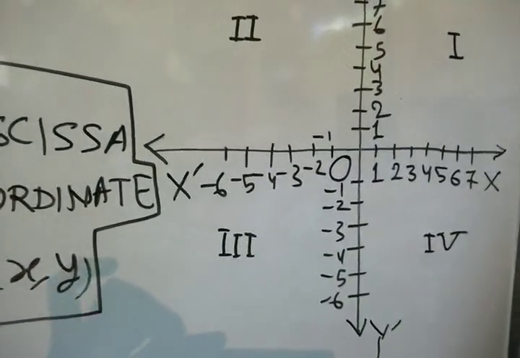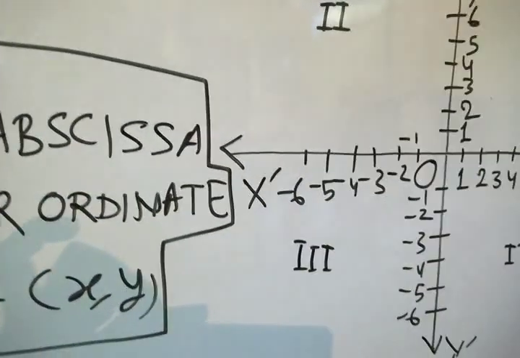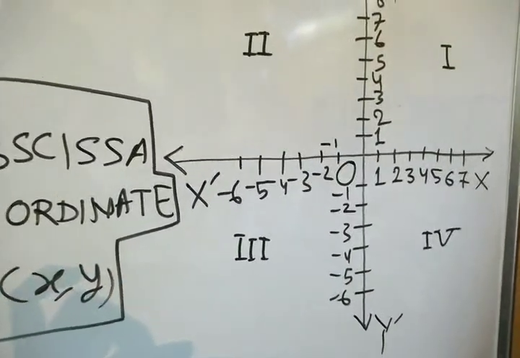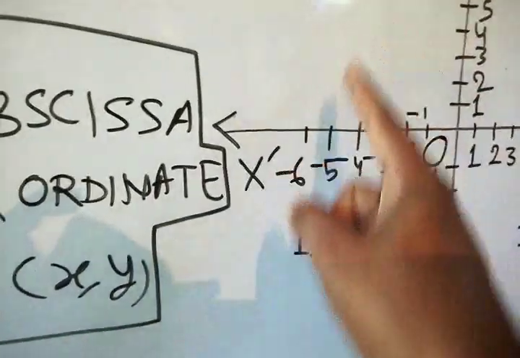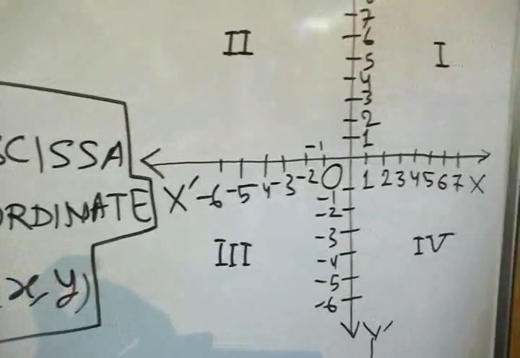This plane is called the Cartesian plane because it is divided into four parts, 1, 2, 3, 4. We'll discuss later what these are called.